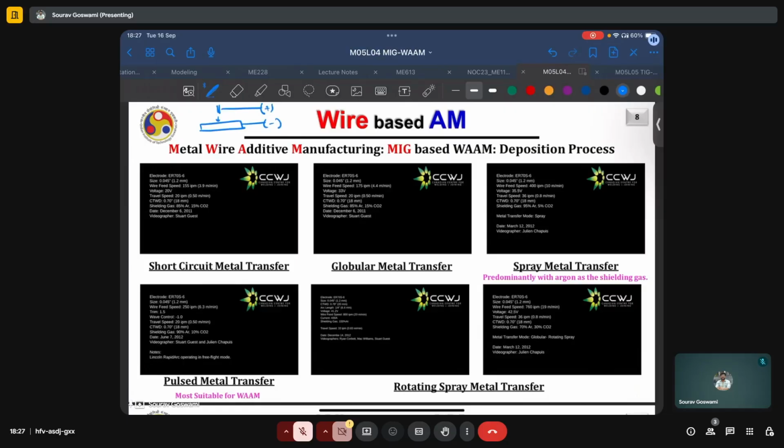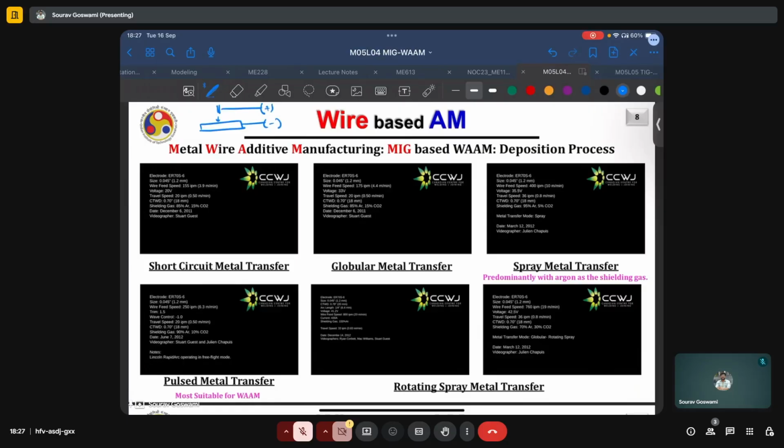Because of this very high current which flows and the consequential very high temperatures which are achieved, this will lead to local melting, and the contact between the wire and the substrate will break, again breaking the short circuit. This process will repeat as more wire is fed, and it will continue depositing material, and so on.